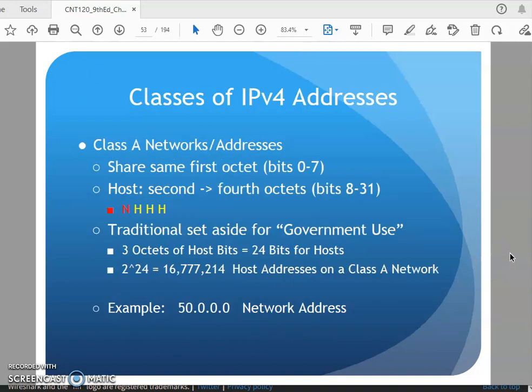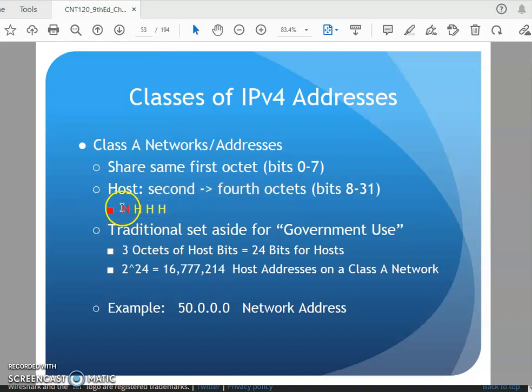Now, let's break these out a little bit more. Class A, when the internet was new, was set aside for government use. What they did was they dictated the first octet as the network, and they left the remaining 3 octets alone and said to that government, use those how you want.